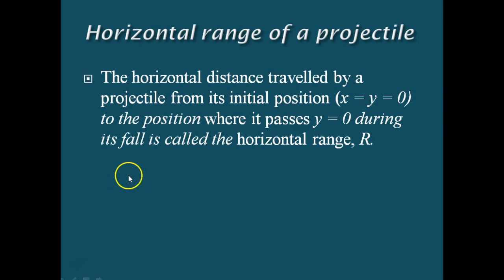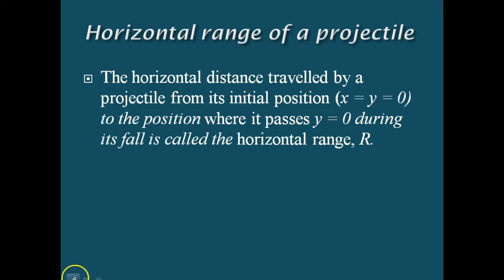Now the range of a projectile, the horizontal distance traveled by the projectile, is nothing but the distance from its initial position to the position where it passes y is equal to 0 during its fall.